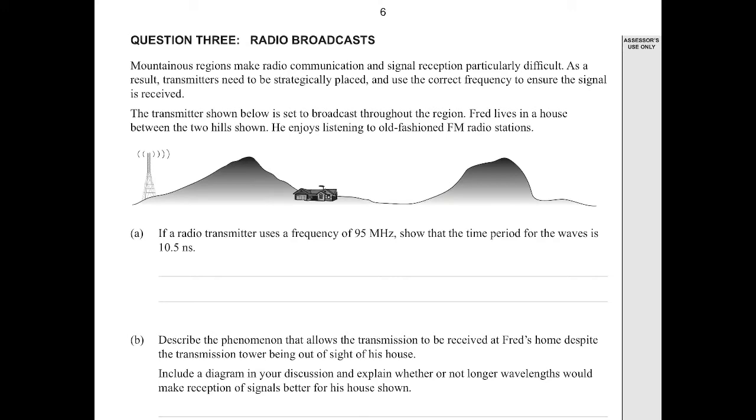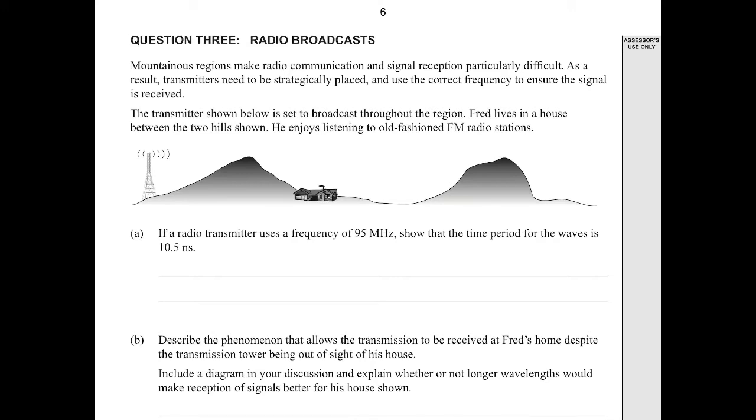If a radio transmitter uses a frequency of 95 megahertz, show that the time period of the waves is 10.5 nanoseconds. So this M there, that's megahertz. So a megahertz represents million.